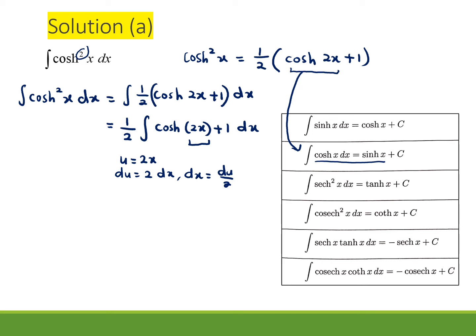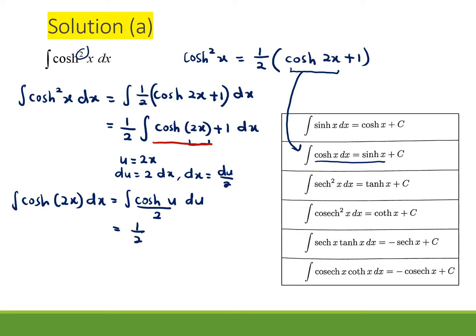Okay, so for the first part, the integration of cos hyperbolic of 2x dx, we can represent this as the integration of cos hyperbolic u, where 2x is u and dx is equal to du over 2.